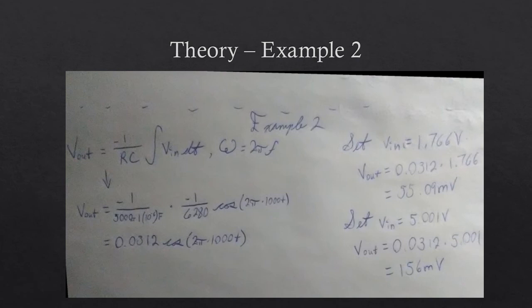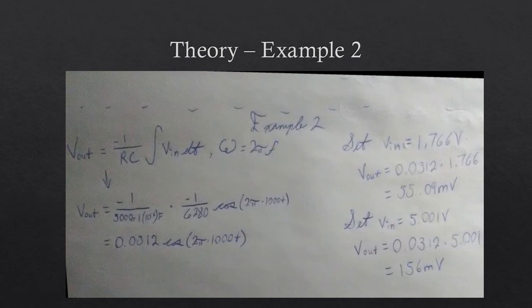Here is the theory for example 2. Very similar to the first example. The only difference here is that I changed the resistance to 5,000 ohms instead of 2,000 ohms. This did cause a significant difference in the value before the trig function, as you can see, and we'll see how that truly affects the circuit in a second.